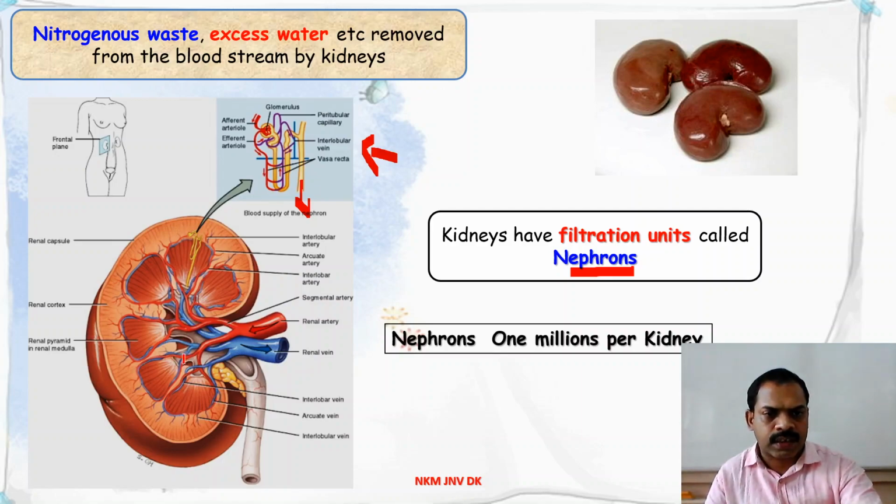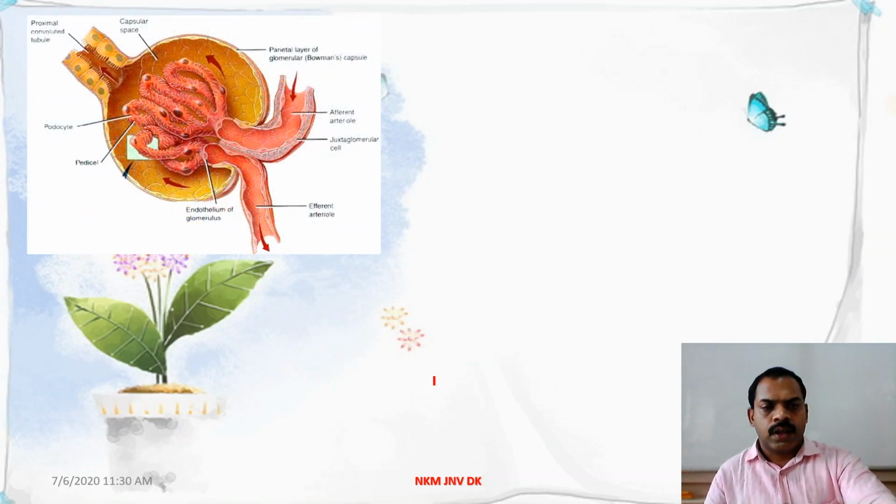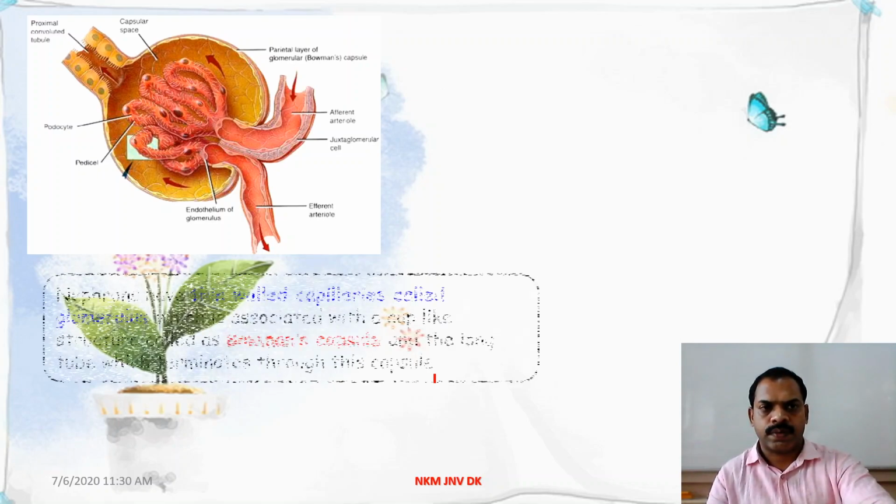All through the calyces it comes to the main calyces, then into the initial opening part of the ureters, and on to the urinary bladder. This is how the filtration happens. Now let us see the structure of the nephron. This diagram is not required for you from the examination point of view, but still, for understanding purposes, how it works out.